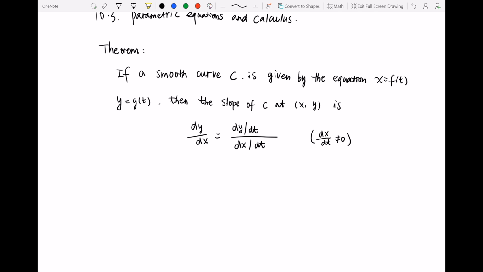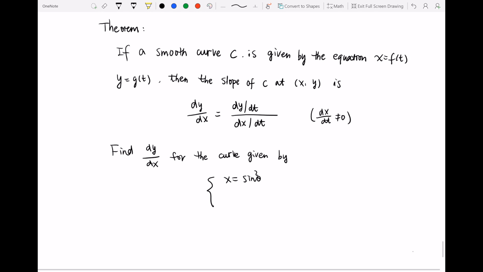So let's look at an example. Find the dy over dx for the curve given by x equals sine squared theta, y equals cosine squared theta.